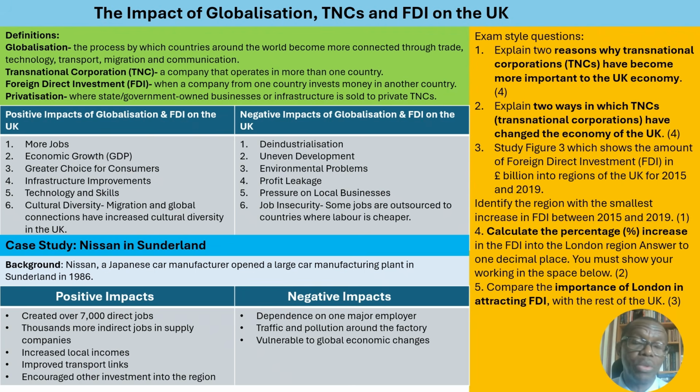For example, Apple has invested in factories in China. Those factories that Apple have built in China are a form of FDI, because it's the investment being made in China by a foreign company, which is Apple from America.